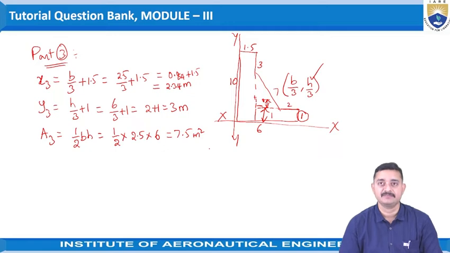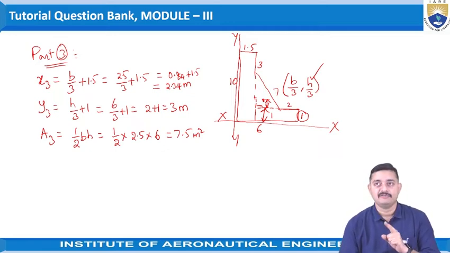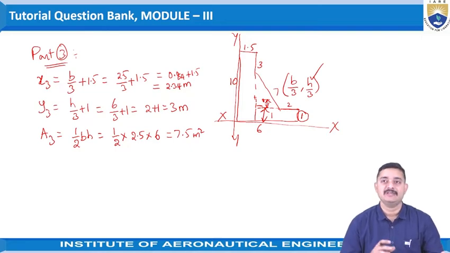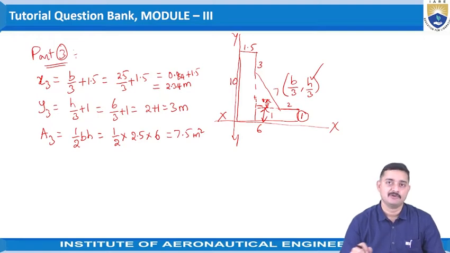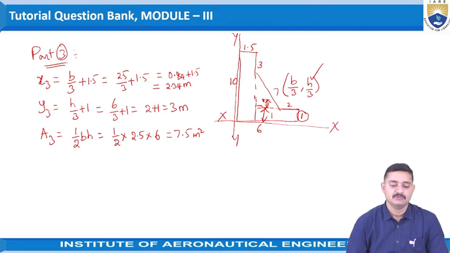In this way we have obtained the individual centroids of all the 3 parts with respect to the reference x and y axis. Now we can utilize all the values of x1, x2, x3, y1, y2, y3, A1, A2, A3 and substitute them in the formula of centroid to obtain the centroid coordinates.